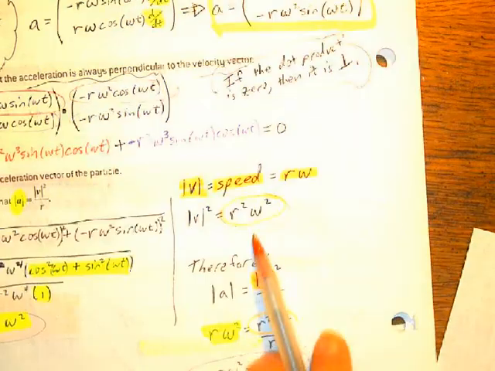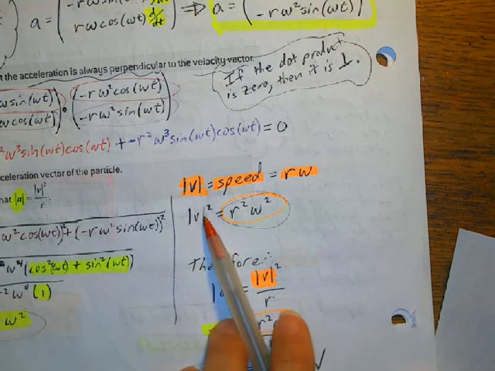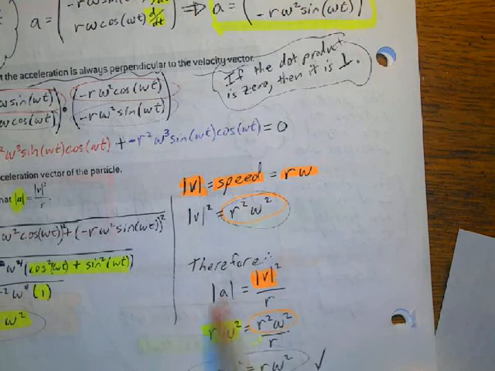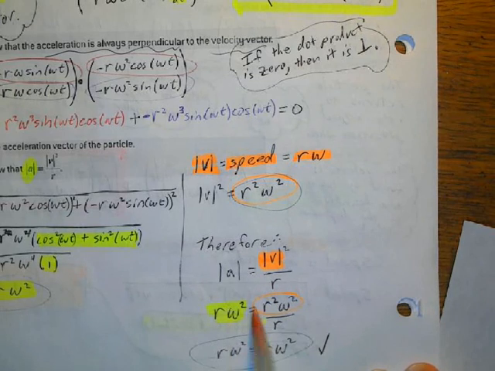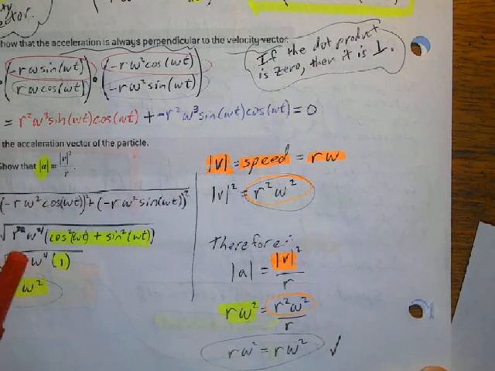Since it's the magnitude squared, we've got r squared and omega squared, so I'm going to replace this with r squared and omega squared. I'm going to replace this with r omega squared. And then if I divide this right side by r, we get the same thing. Ta-da!